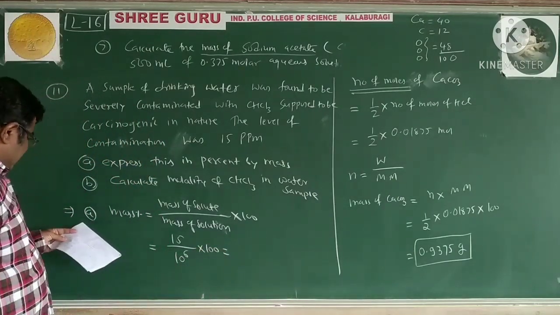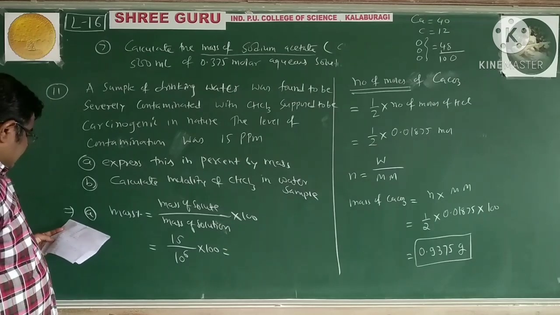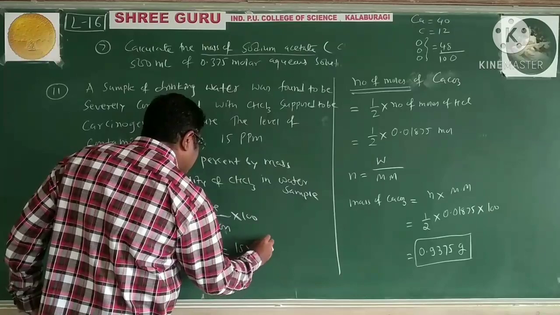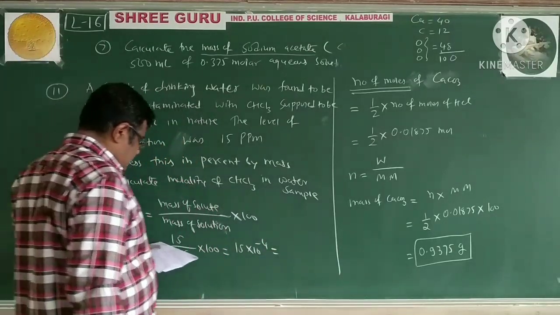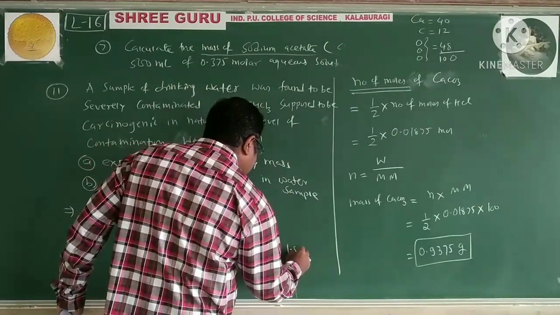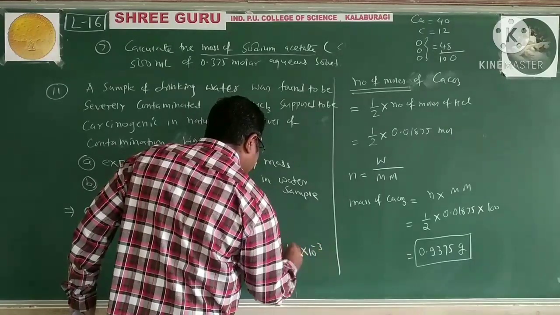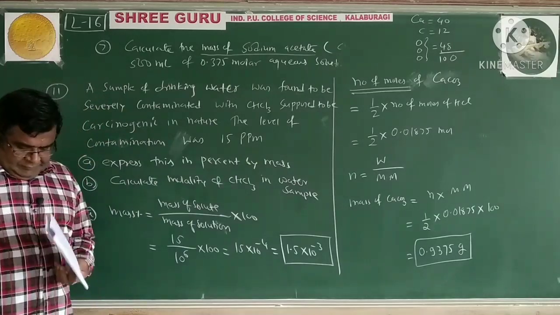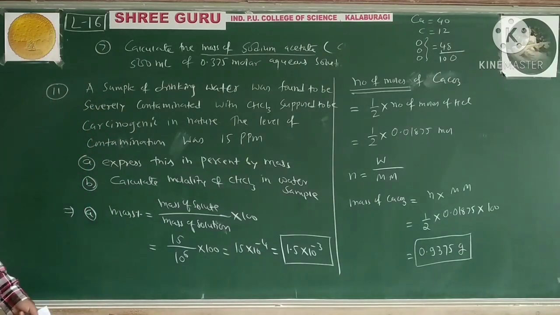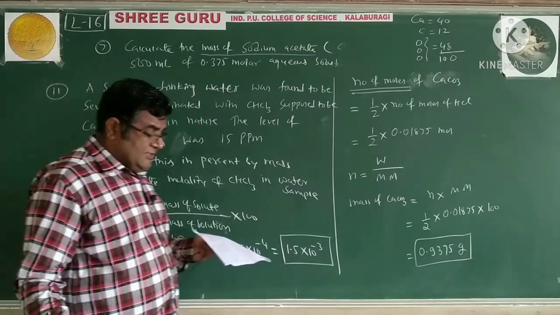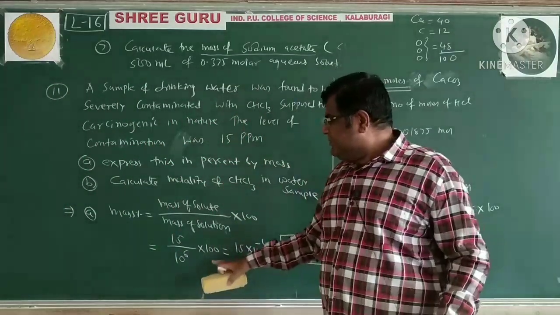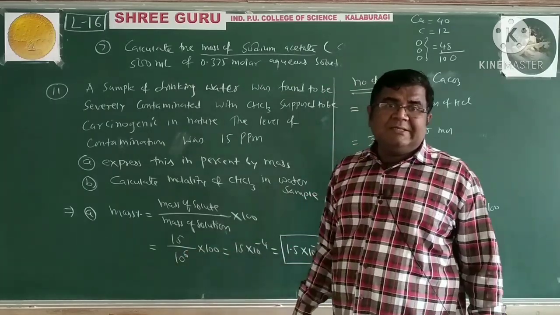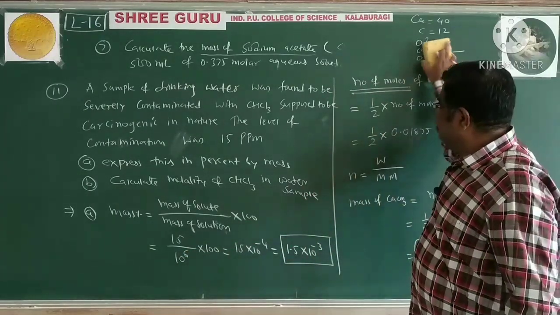So this happens to be 15 into 10⁻⁴, so we can say 1.5 into 10⁻³. In this way we can calculate the mass percent. 15 ppm is 15 gram in 10⁶ gram, a million gram of the solution.